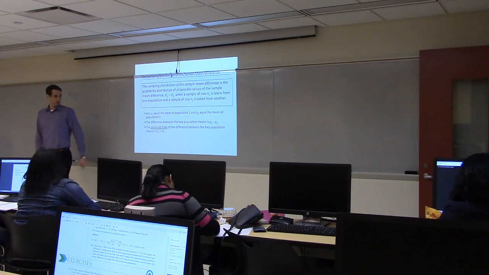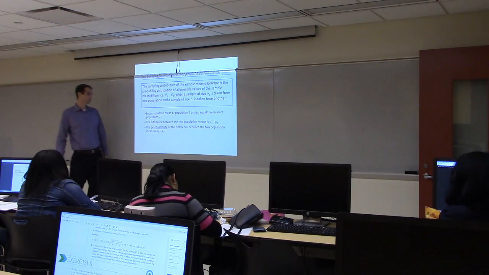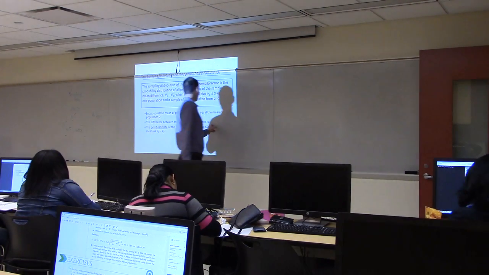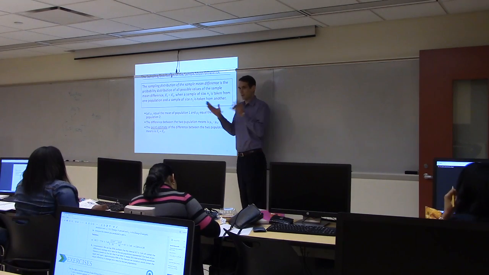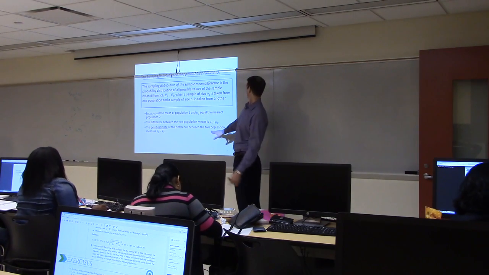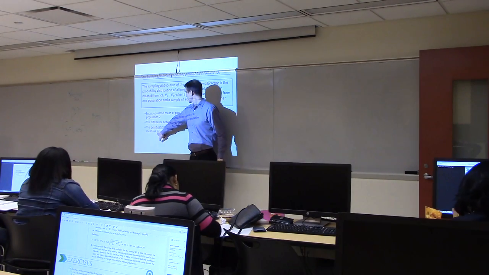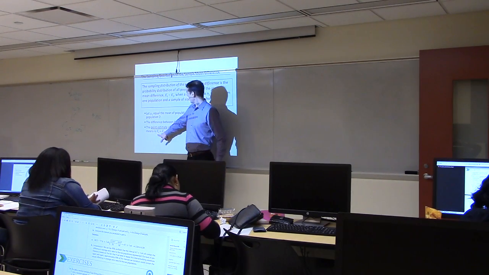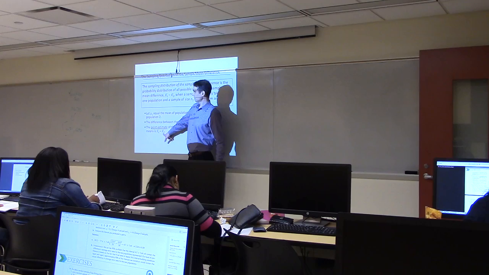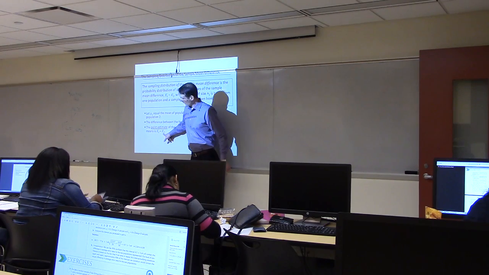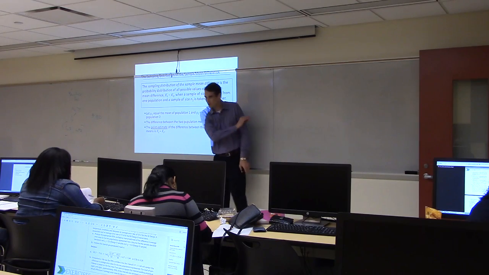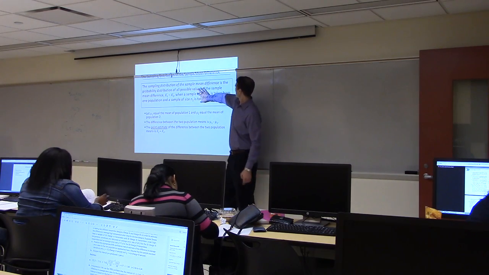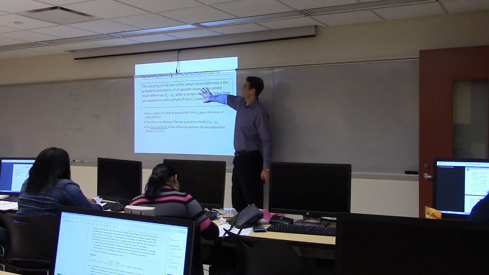And the true difference between the two populations is mu1 minus mu2. We're going to calculate a point estimate: sample mean 1 minus sample mean 2. Again, we're going to do that 100 times, 1,000 times, put it on a frequency distribution, and call it the sampling distribution of the sample mean difference.